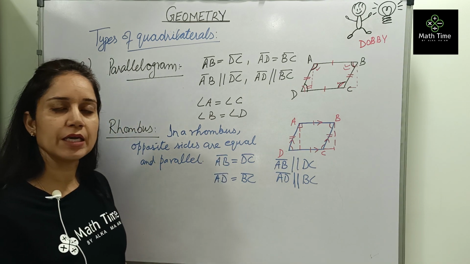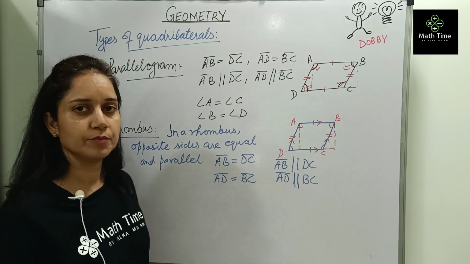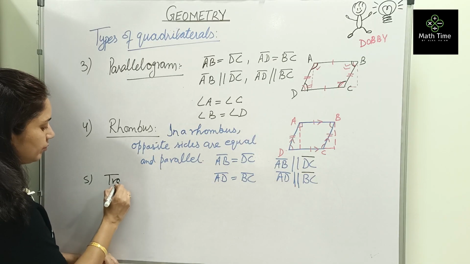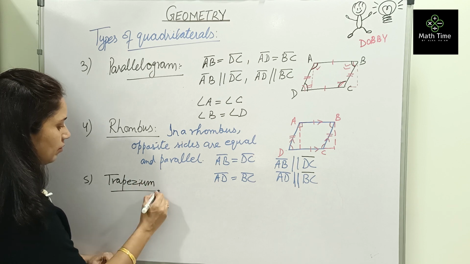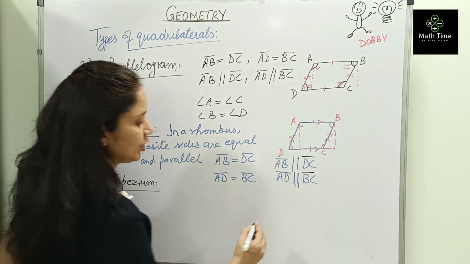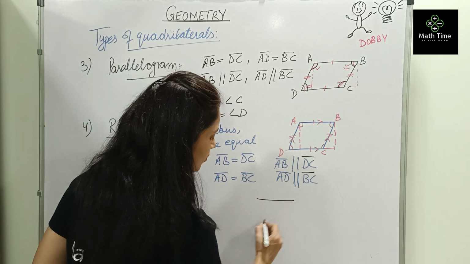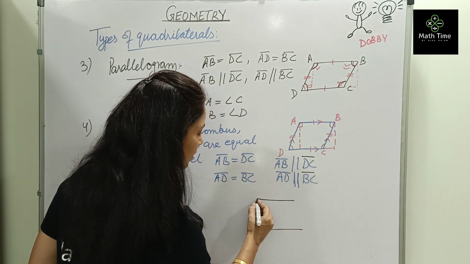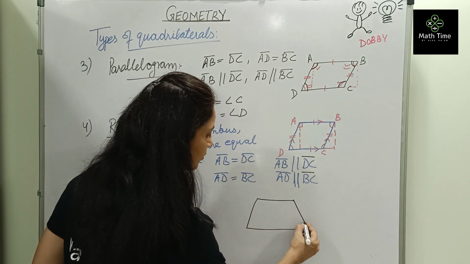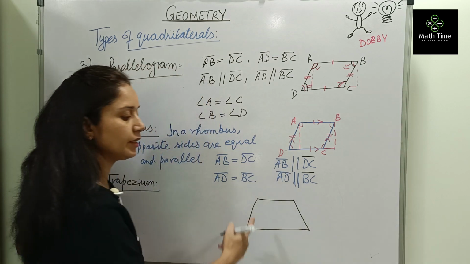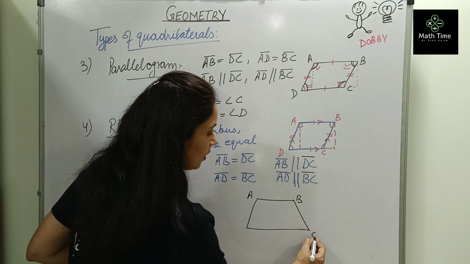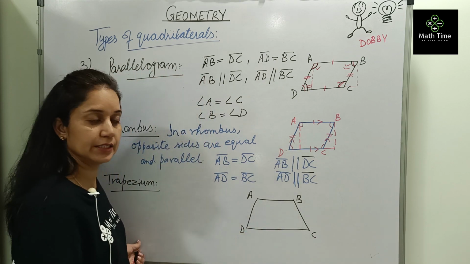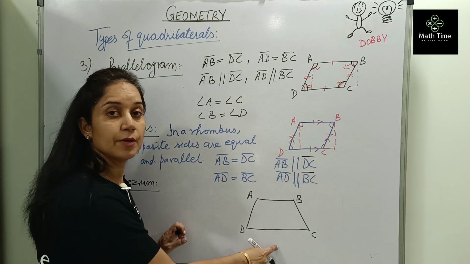Now we are going to make our next quadrilateral, trapezium. Okay, now see this shape. Top side, bottom side, left and right. Here you can see the top side AB is smaller than the bottom side DC. But they are parallel.